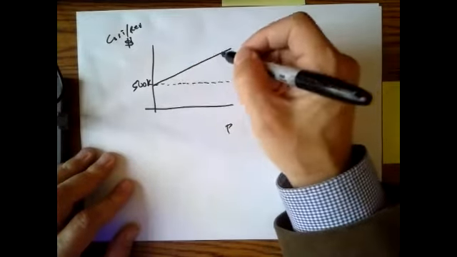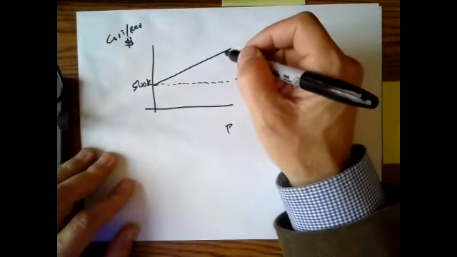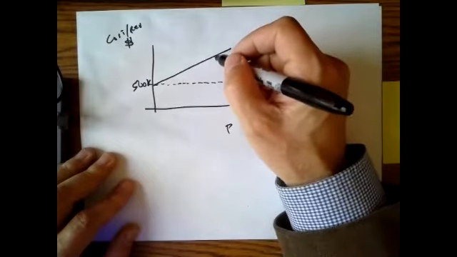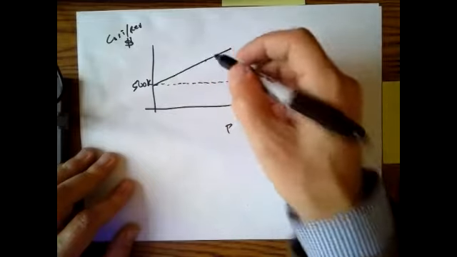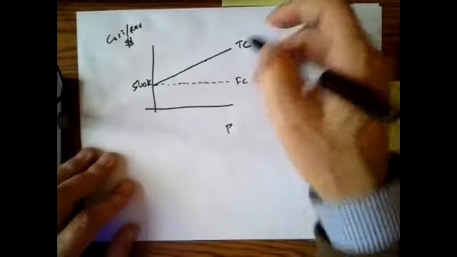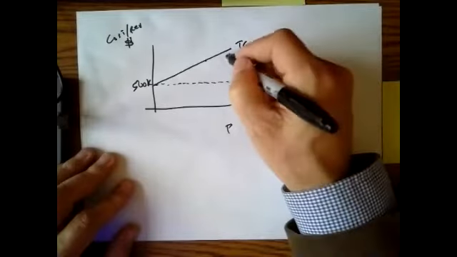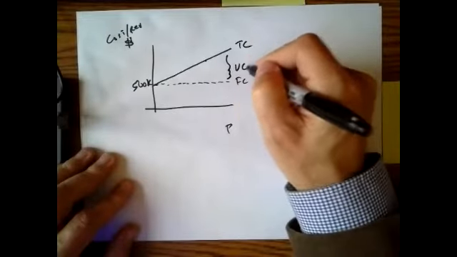If I did 10,000 procedures, I'd have 10,000 times 25, which would be 250,000, so I'd have a total of 750,000. So my total cost is my fixed cost plus my variable cost.